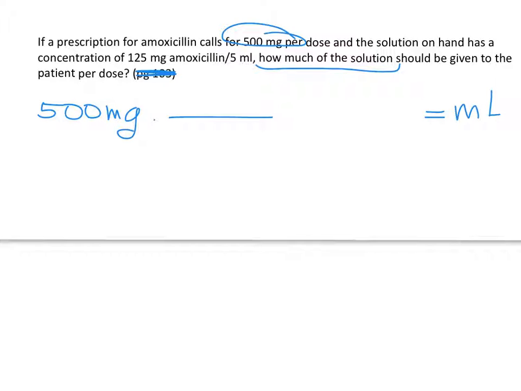And then we're going to multiply that by the ratio that's given, making sure we put milligrams in the denominator and milliliters in the numerator, so we get 5 over 125. And doing that multiplication, first we can cancel out our milligrams, and then doing the multiplication, 500 times 5 divided by 125, we get 20 milliliters.